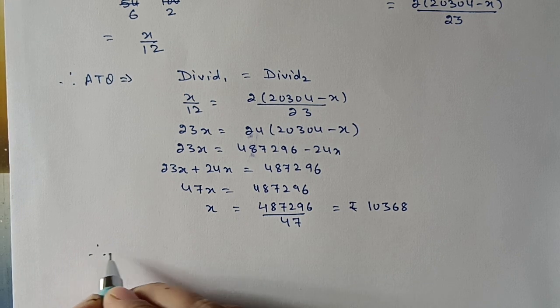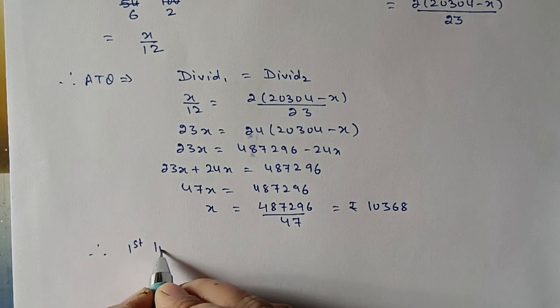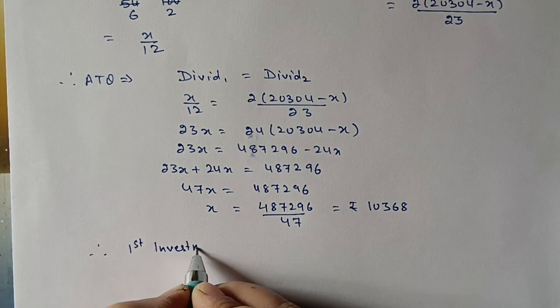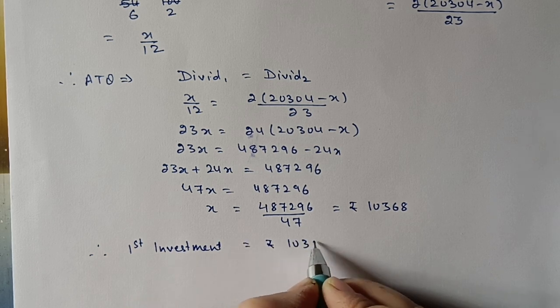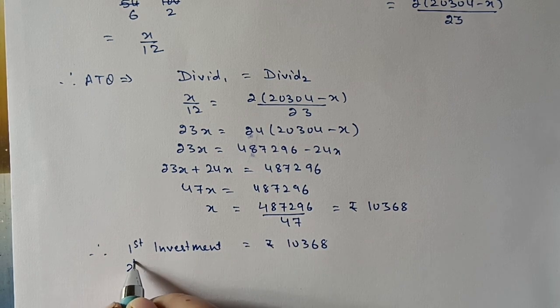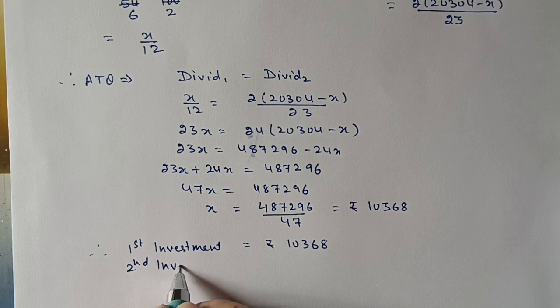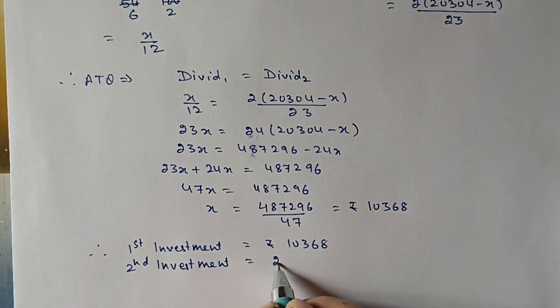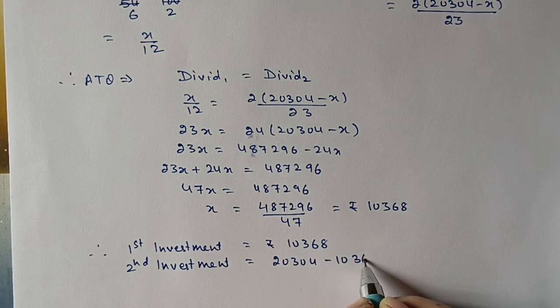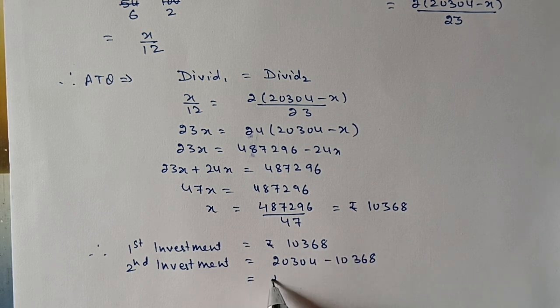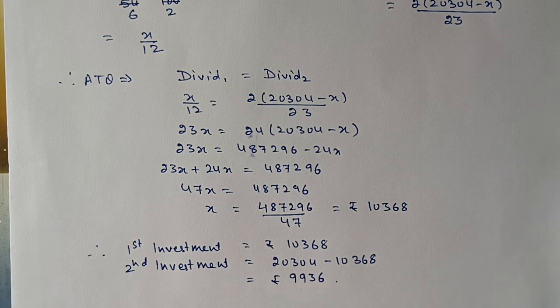So first investment is 10,368 rupees and second investment will be 20,304 minus 10,368, which is equal to 9,936 rupees.